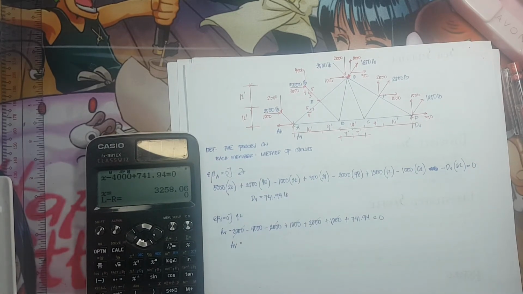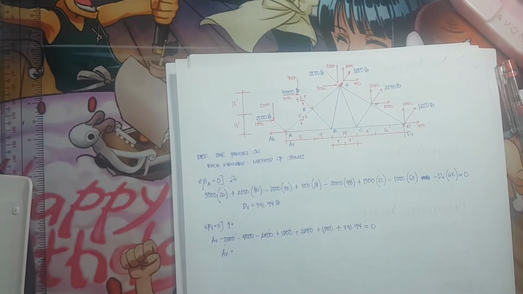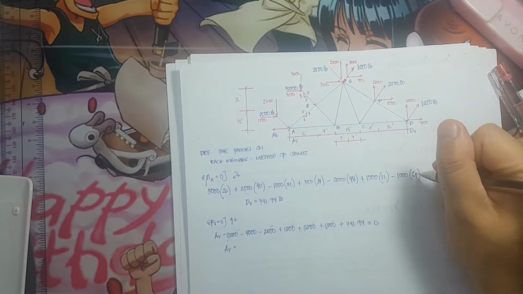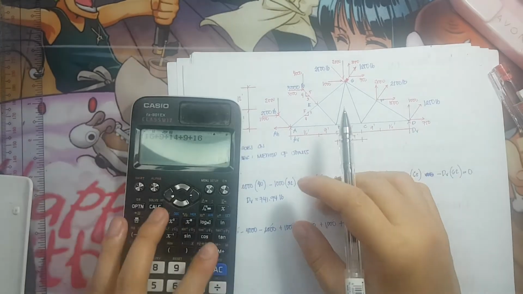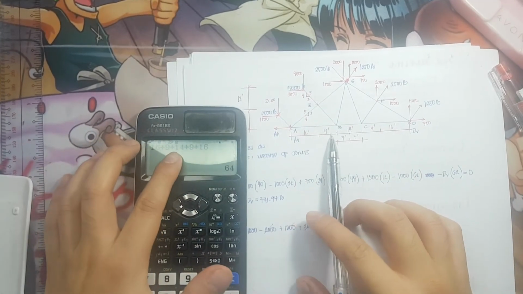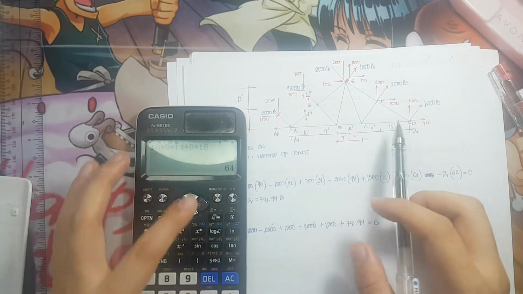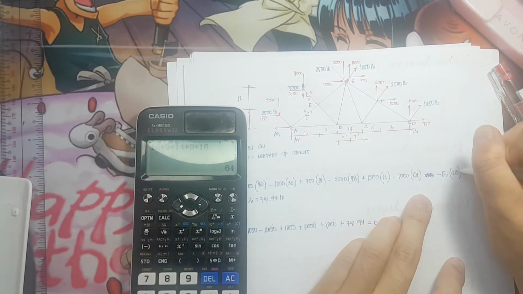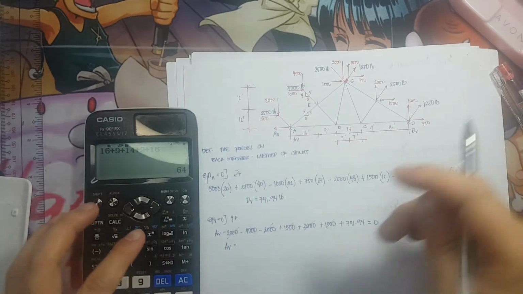Are we missing something? Okay, so we have an error here. The total distance here is 16 plus 9 plus 14 plus 9 plus 16, which is 64, not 62. Okay, so that is 64.